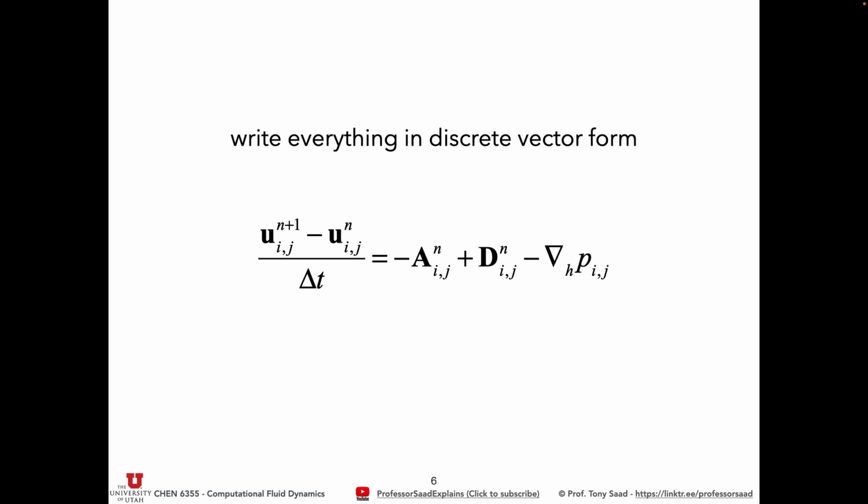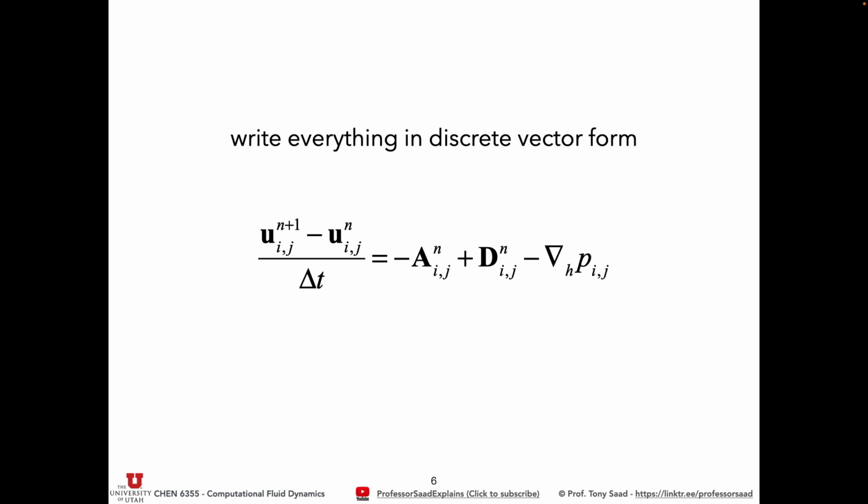And this gradient of p, again at ij. Now notice I put nabla here based on h, which is the spacing, delta x equal to delta y. So grad h simply means this is a gradient operator based on spacing h, or delta x, delta y in this case.